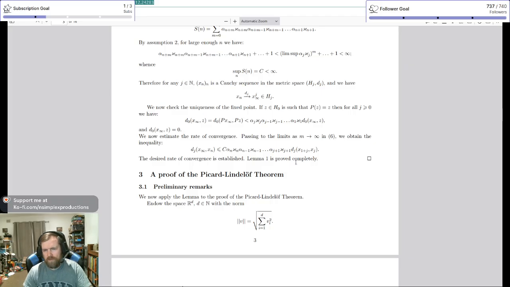Apply the lemma to prove the Picard-Lindelöf theorem in Euclidean space R of d dimensions, where d is a natural number, with the norm. The norm of v is equal to the square root of the sum of all v sub i squared, in as many dimensions as we have.